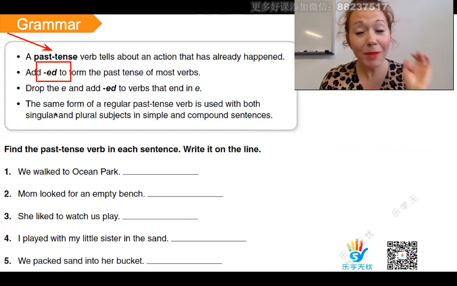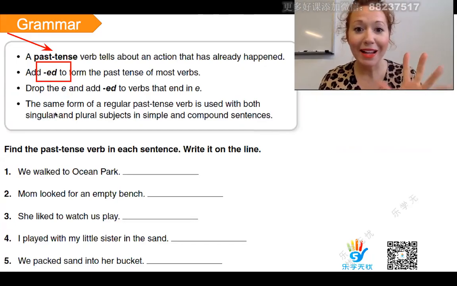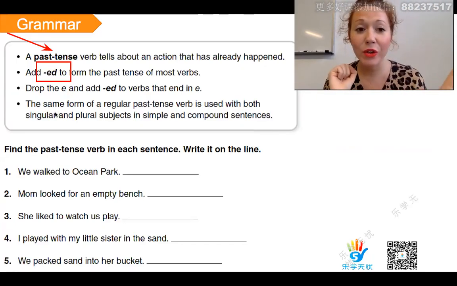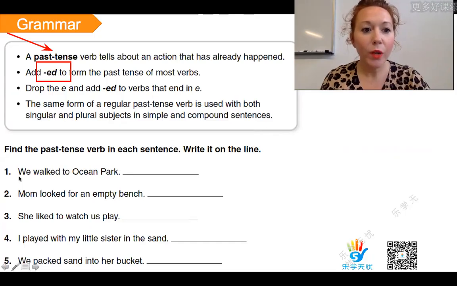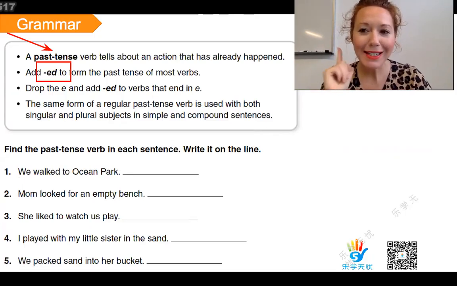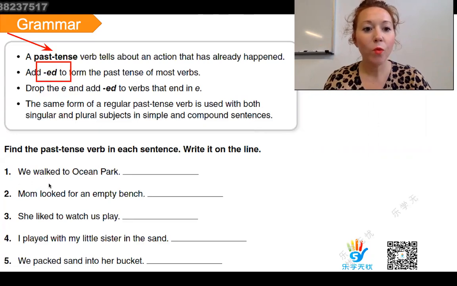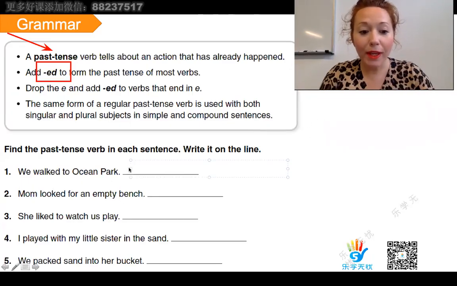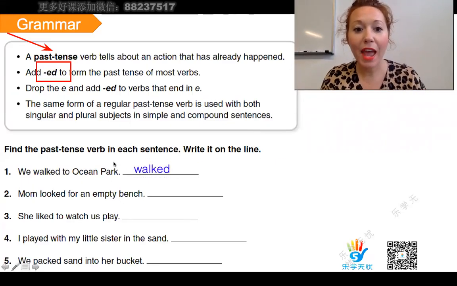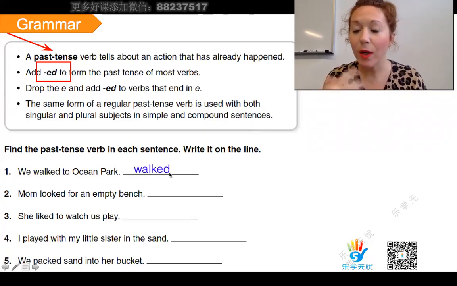There are some types of regular past tense verbs that are used with both singular and plural subjects, okay? So let's take a look right here. We are going to look for the past tense verb. We walked to Ocean Park. Well, our verb is walked, and we see ed, so it is past tense.